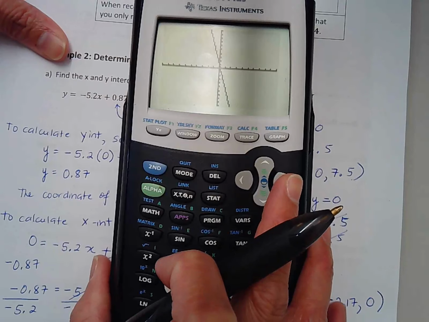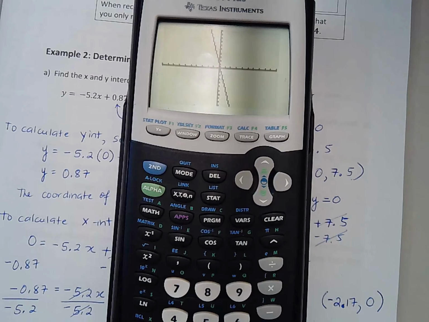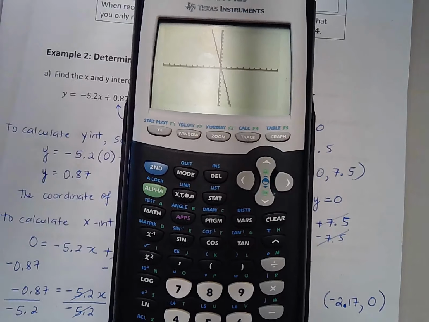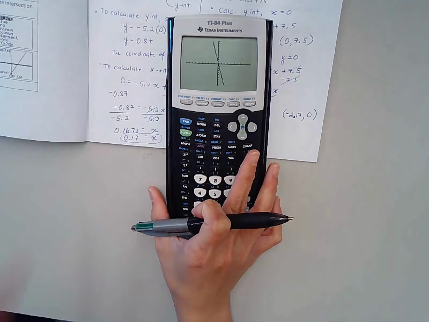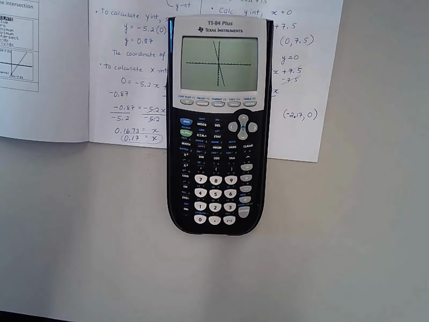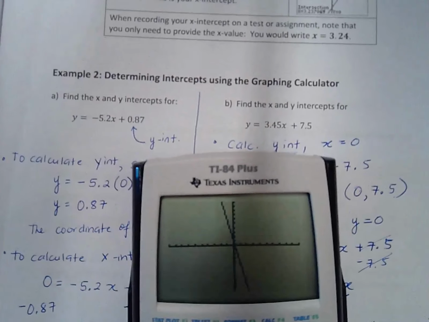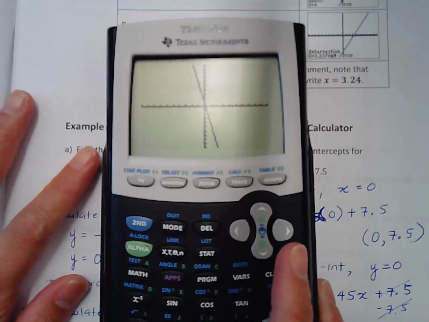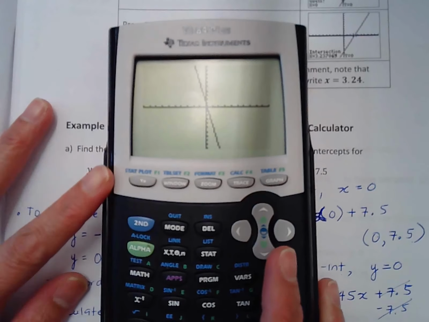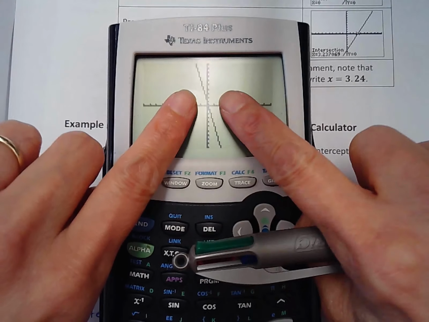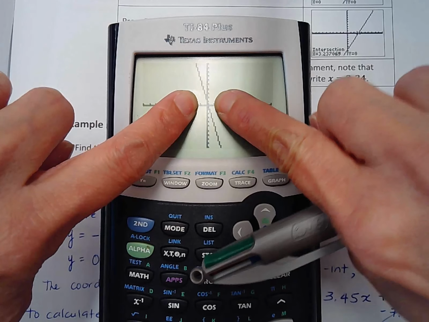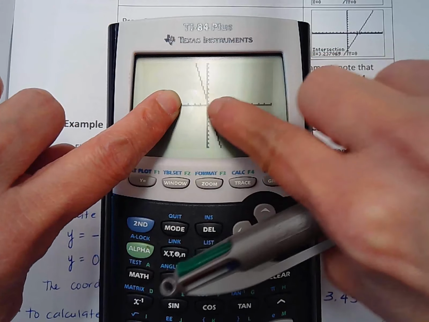Can we zoom out the graph? You mean zoom in. Zoom out means making it smaller, so you mean zoom in. That's what you meant. As you can see, the x-intercept and y-intercept are just somewhere close to the middle.